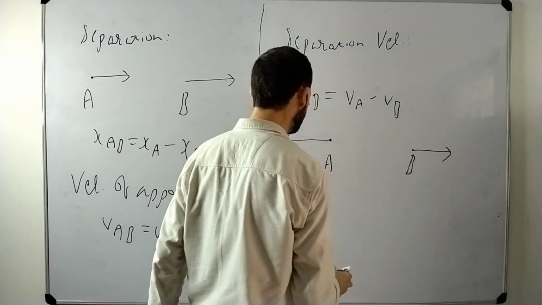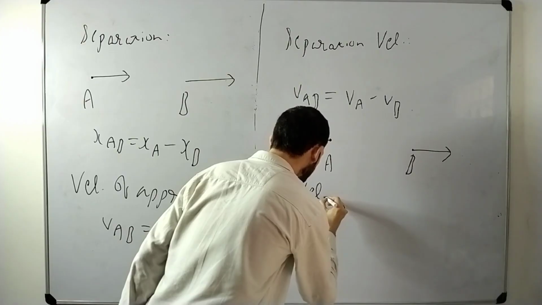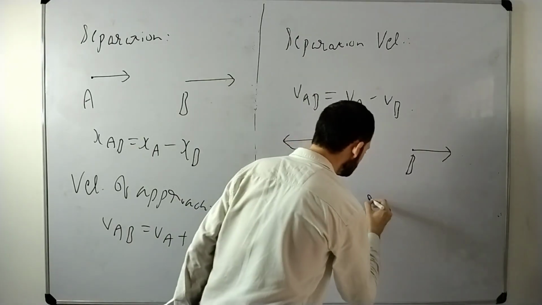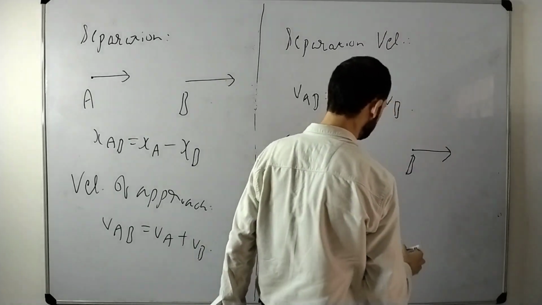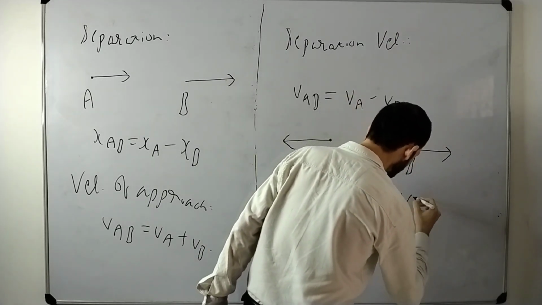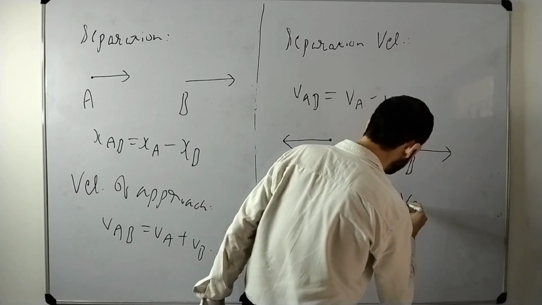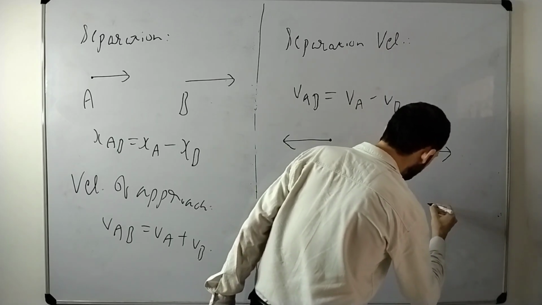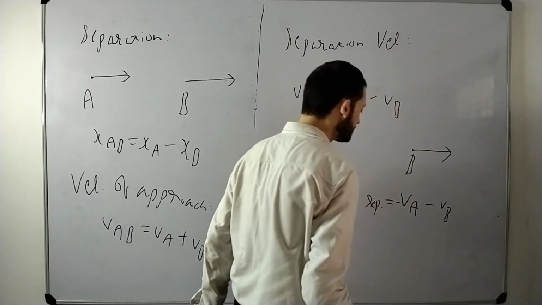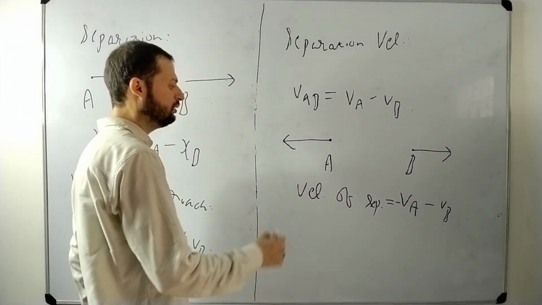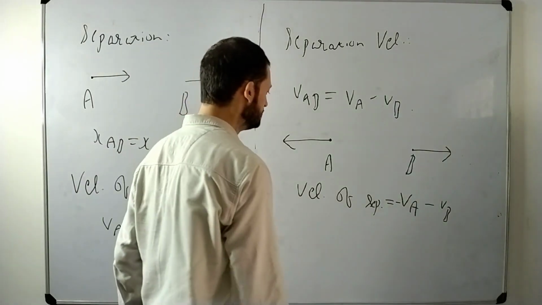So what should I write? Velocity of separation, I would write VA minus VB. Right, students?